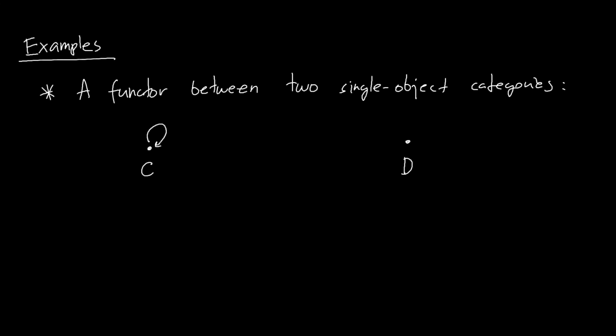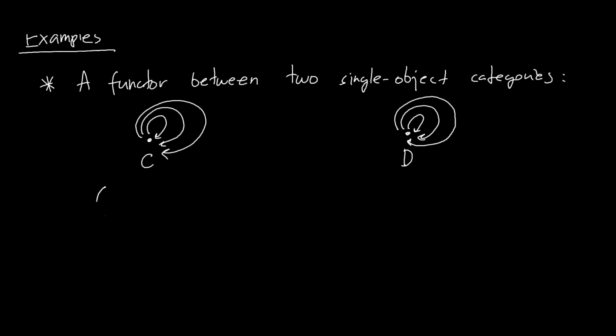So all morphisms then are morphisms that loop into C, and the morphisms in the other category, all of them also loop into D. And so the set of morphisms of the category C, C1, together with composition and together with the identity morphism, which is E of C, they constitute a monoid. And the same is true on this side.